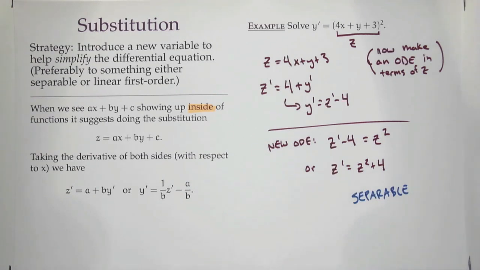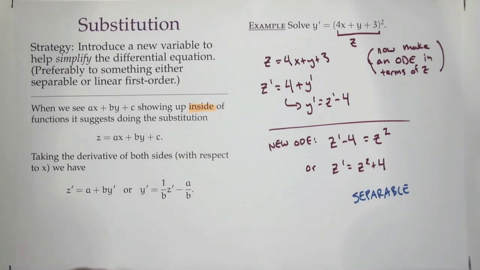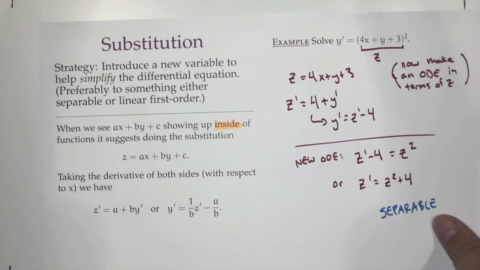Why is it not linear? Because of the z squared. To be linear, you have to have a z and a z prime, and that's it. You can't have anything else. But it is separable because you can move the z squared plus 4 to divide, separate out the variables, and go from there. Okay, so that's how you would do that.